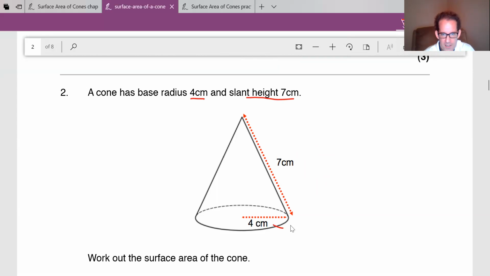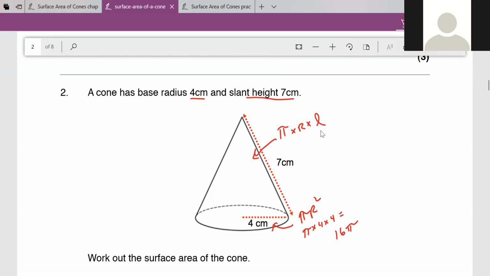So for my base, I'm going to do pi r squared, or pi times 4 times 4, which equals 16 pi. And then for my slanted surface area, I have pi times the radius times the slanted height, which is going to be 7 times 4 is 28 pi.